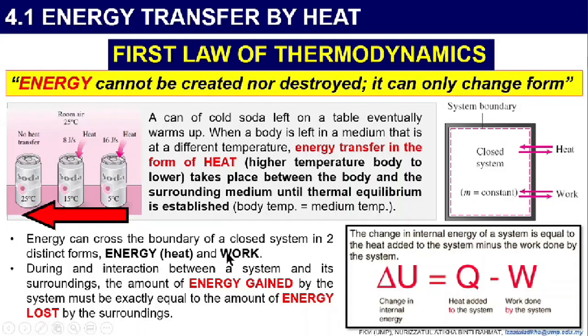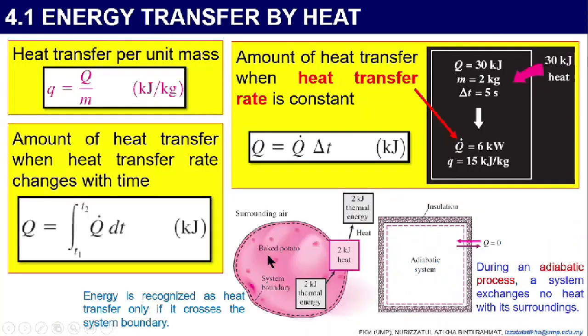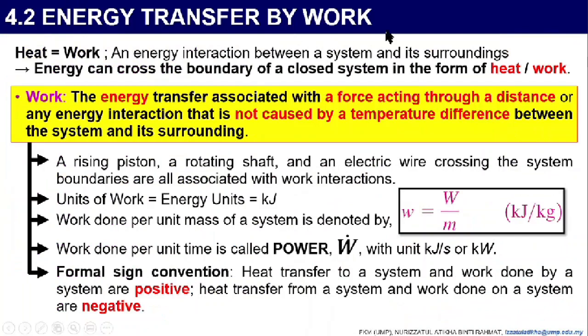Now I will explain the energy crossing the boundary by work. Energy transfer by work is an energy interaction between a system and its surroundings. Energy can cross the boundary of a closed system in the form of heat or work, which I already explained just now.